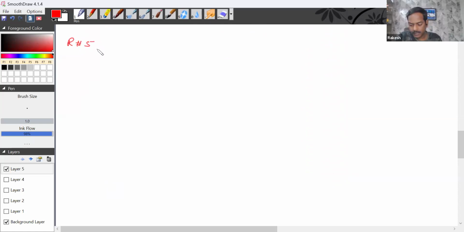Rule number 5 says that log of a with base b can be converted into some third base. Here the base is b, and I want some third base. Suppose I want to change it to base c, then I have to write it this way. This rule is called change of base.